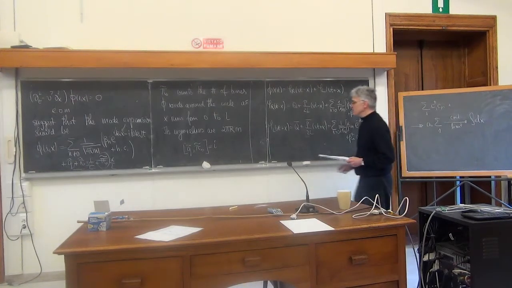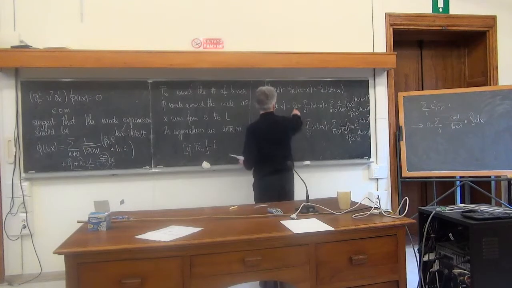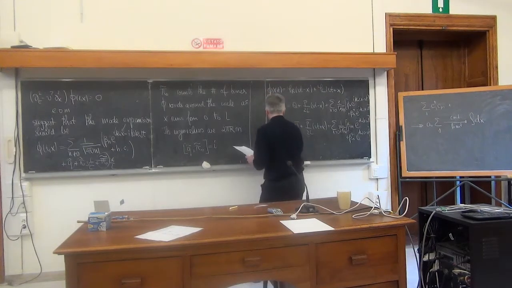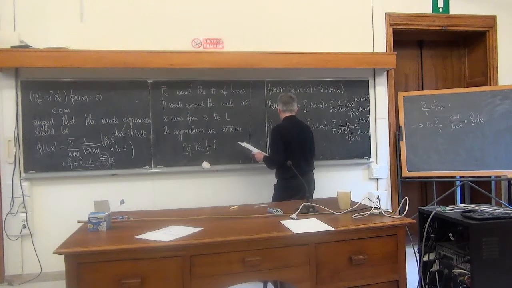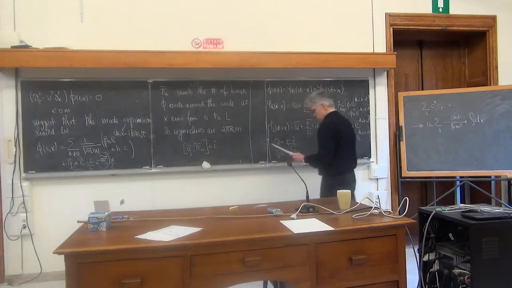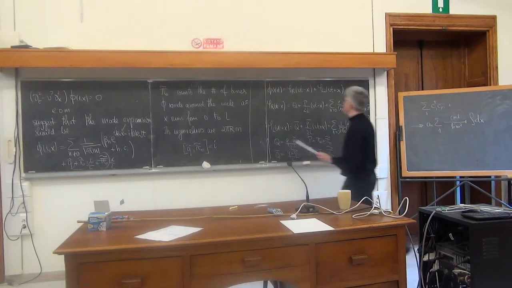So these are just the chiral components of the field, and these Q's and P's are just sums and differences of the zero mode operators. So Q is Q minus Q tilde over 2, Q bar is Q plus Q tilde over 2, and capital P would be pi naught plus pi naught tilde, and P bar would be pi naught minus pi naught tilde.